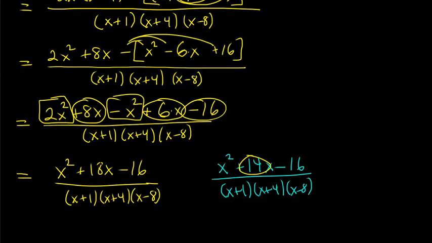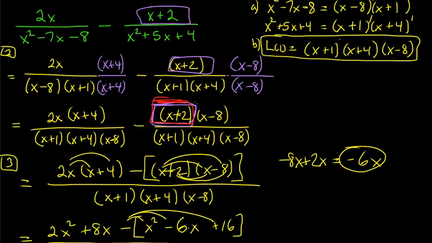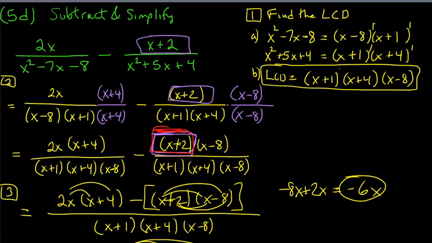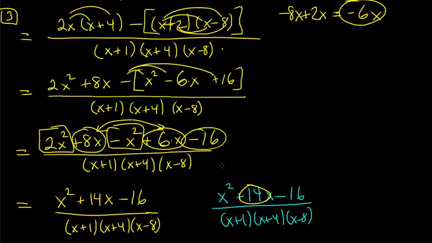So this was wrong slightly, but it is wrong. This should have been a 14x, 8x plus 6x, not 8x plus 10x. Just changing that one little sign, the plus 2 to a minus 2, messed me up completely here.